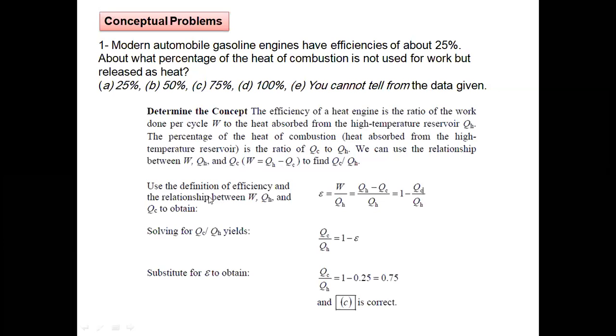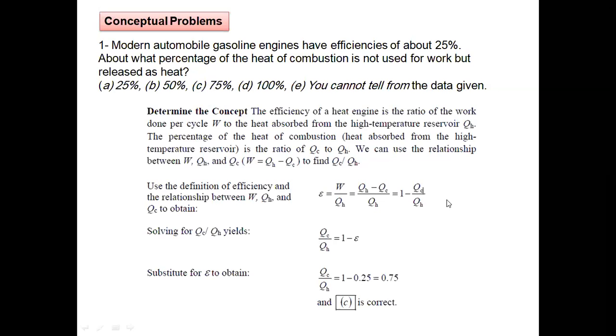Solving for QC over QH yields QC over QH equals 1 minus efficiency. Substitute for efficiency to obtain QC over QH equals 1 minus 0.25 equals 0.75. So C, which is 75%, is correct. The answer here is 75%.